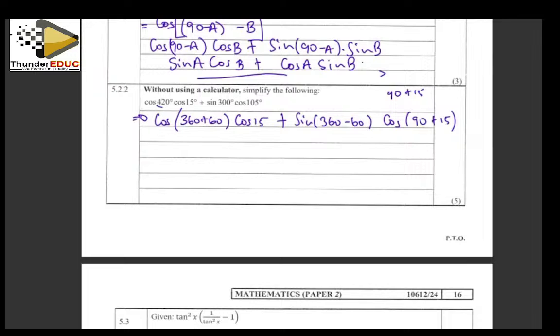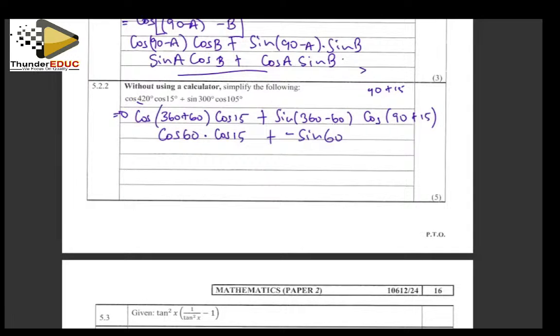Okay. The reduction of 360 plus, that's going to be cos of 60 multiplied by the cos of 15. Okay, so the cos of 90 plus 15, that's going to give me a negative sine 15. Okay, so this is going to be a cos of 60, cos of 15. This and that will give me a plus sine 60, and then the sine of 15. So it's a compound angle of cos.